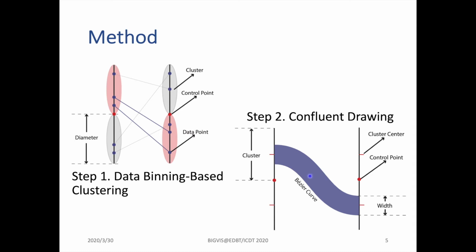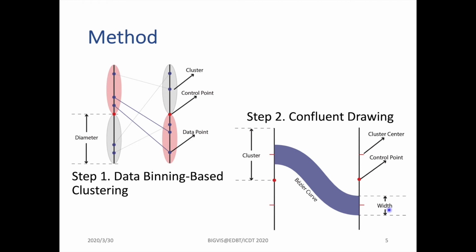Confluent drawing enables groups of edges to be merged together and drawn as tracks to facilitate tasks where the user needs to follow lengths. The density of each bundle is computed to define the width of the bundle. This means a wider bundle contains more edges.